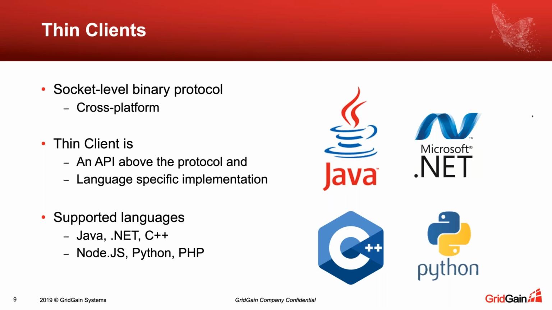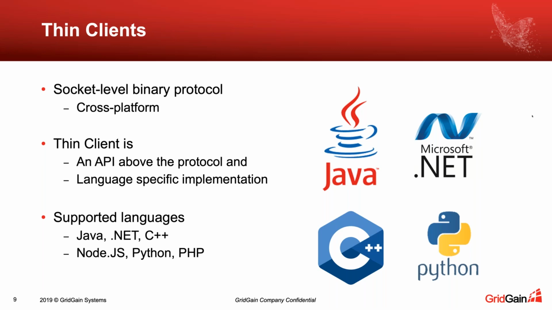We created a so-called socket-level binary protocol, which allows you to connect from any programming language. You can even use, let's say, if you have any embedded device or smart meter, and you're using some ARM or assembly or C++ native libraries which support basic TCP/IP connectivity, you can even connect from those devices to your cluster right now using that protocol.